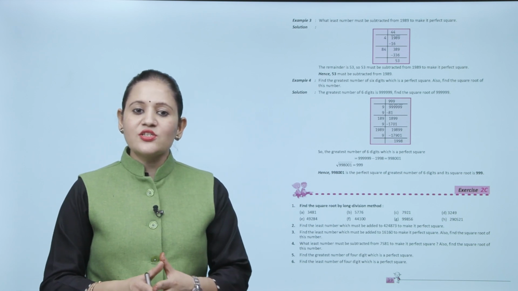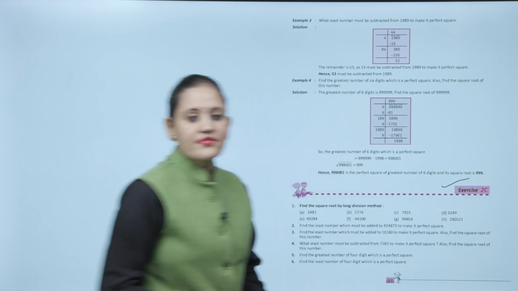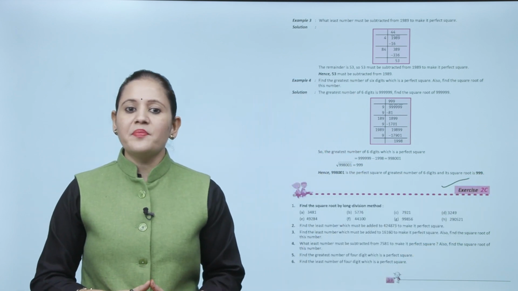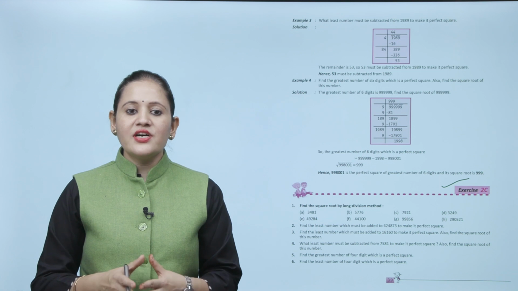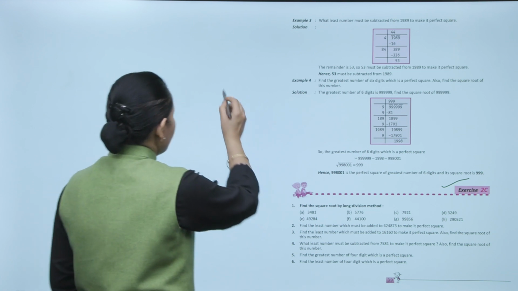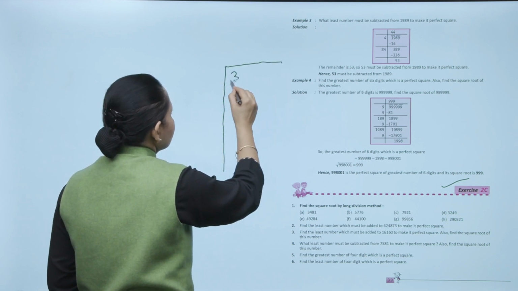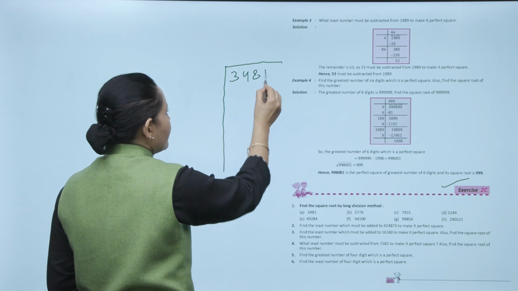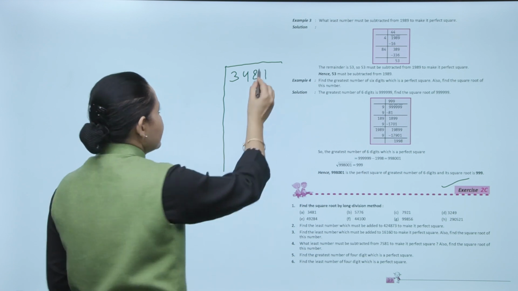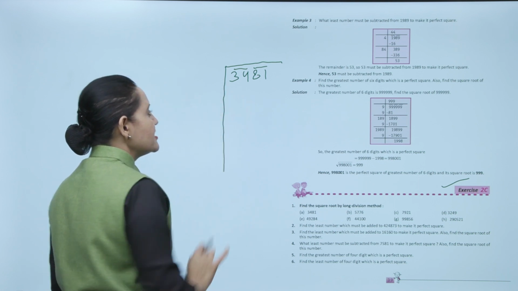Next is exercise 2C. Find the square root by long division method. First is 3481. So first we'll write the number 3481. Now we'll make pairs from the right hand side, 1 and 2 pairs. So the first number is 34.